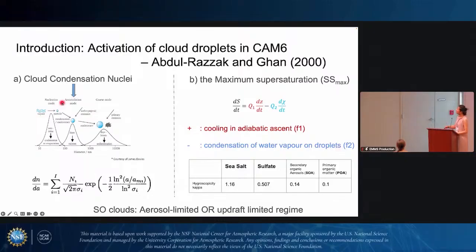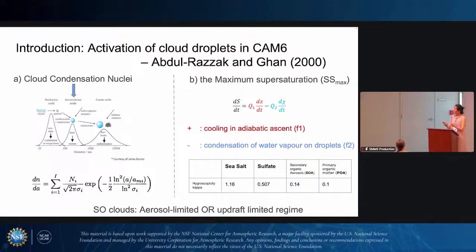Accumulation mode, AC, is the most potential candidate for the CCN, given we have a reasonable amount of supersaturation here, calculated by the balance between the adiabatic cooling and the condensation of water vapor. So given the amount of updraft, we calculate the critical radius of the aerosol, and any size larger than that critical radius can be activated as a nucleus and then fall out to become a cloud droplet.